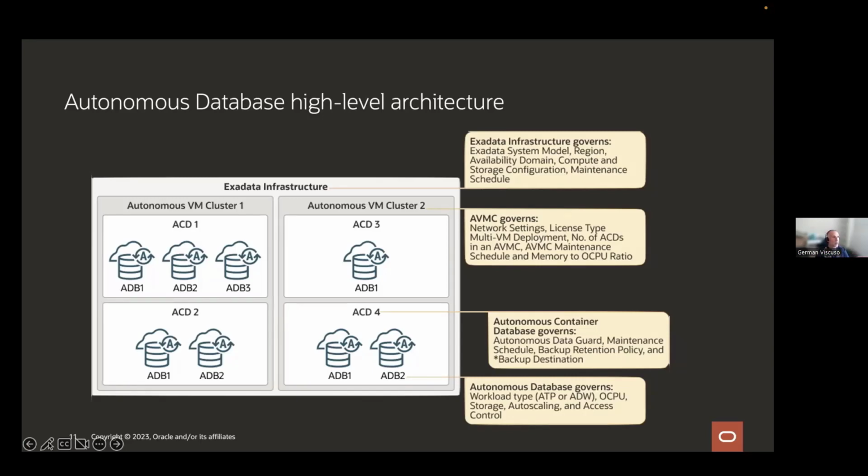When you see ADB1, ADB2, ADB3, you can basically provision one of those without having to provision any of the autonomous VM clusters, Exadata infrastructure, any of the containers that you see there. You don't have to provision any of that. And that's what shared is. It's your own particular and specific autonomous database in the cloud, and you don't have to worry about anything, okay?